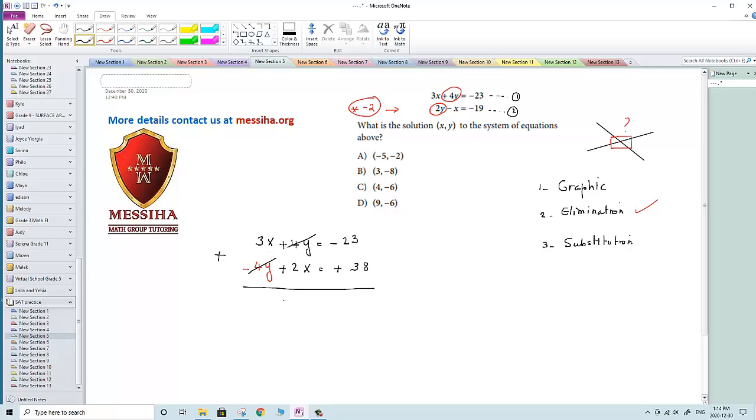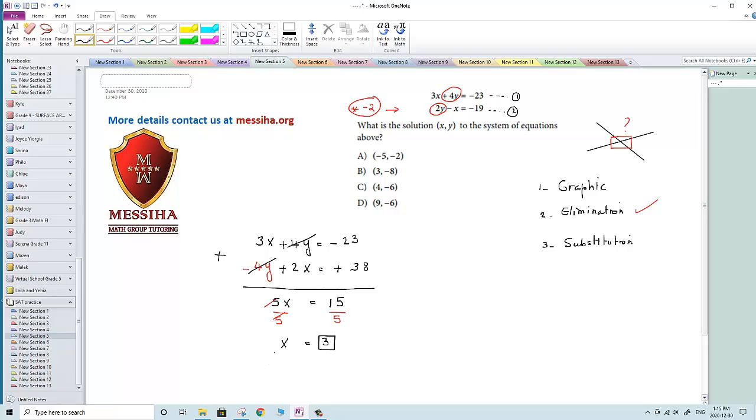Now I can add 3x plus 2x equal 5x. And here equal 38 minus 23, which is 15. Now, to isolate x, I can divide both sides by 5. So 5 with 5 gives me x. 15 divided by 5 gives me 3, so x equals 3.